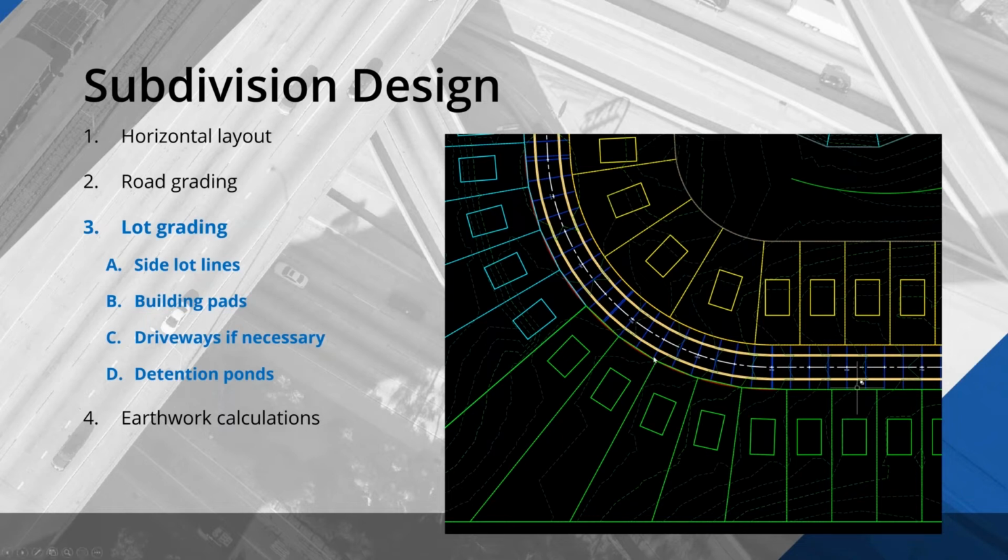I'm not going to get into that in detail, but we'd want to use conditional subassemblies to have it insert a drop curve there. And then I'll show you some detention pond grading. And we're going to use one of the tools we have called AutoGrader, as well as Label Genie, to go through some of that. And then our final stage will be earthwork calculations.